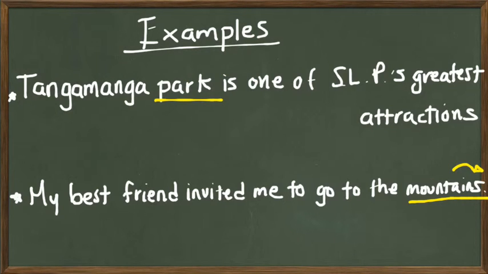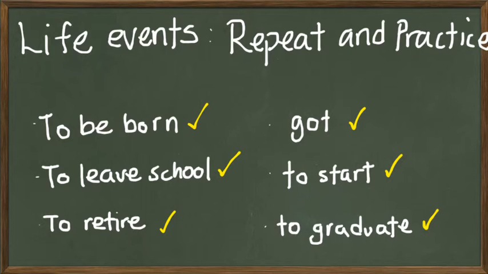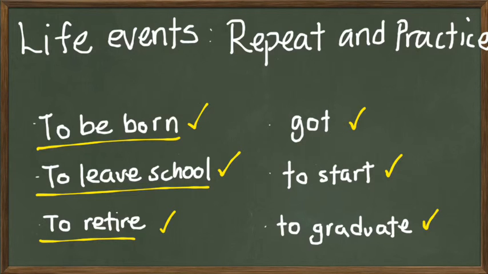We saw some examples. Tangamanga Park is one of SLP's greatest attractions. My best friend invited me to go to the mountains. My dad and I went fishing to a lake last summer. Swimming in a river may be dangerous if you are not careful. Life events: to be born, to leave school, to retire, got, to start, and to graduate.